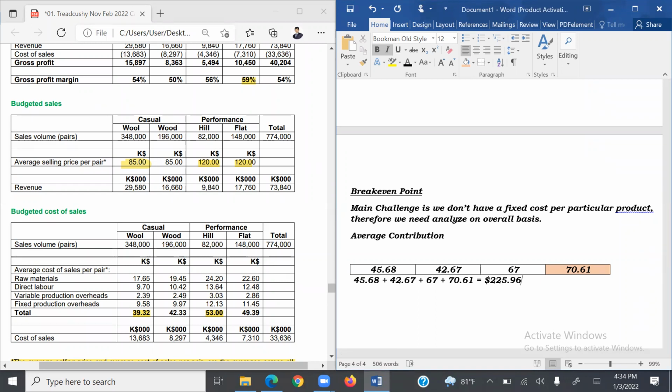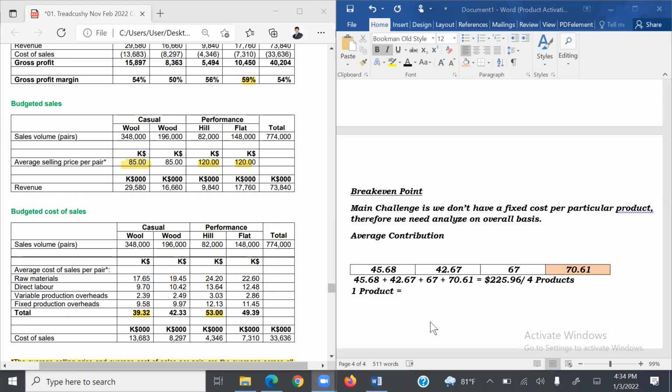And that I should be able to divide by 4 products. So students, for average wise, for one product, what is the price range, or the contribution for one product, how much?